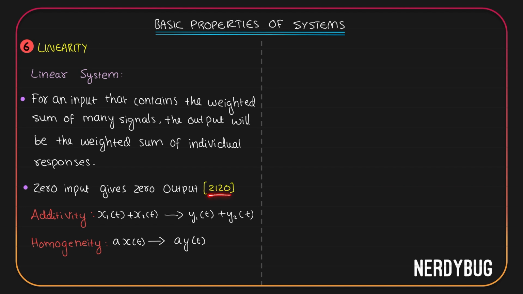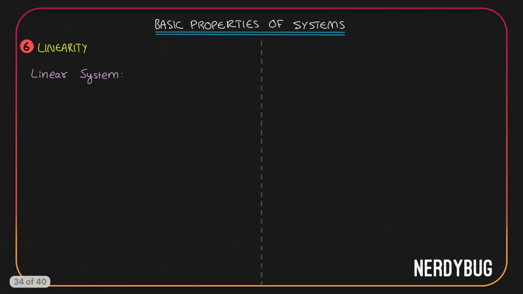We call it ZI-ZO. Together we can write it this way: a x1 of t plus b x2 of t. This is my input. Then this should give me a y1 of t plus b y2 of t.